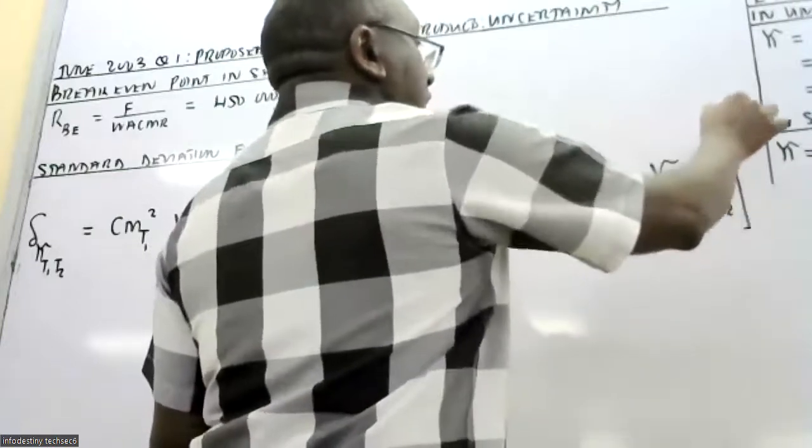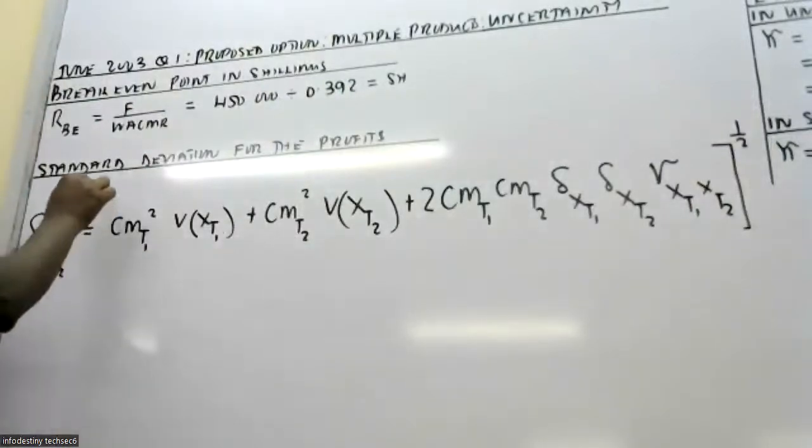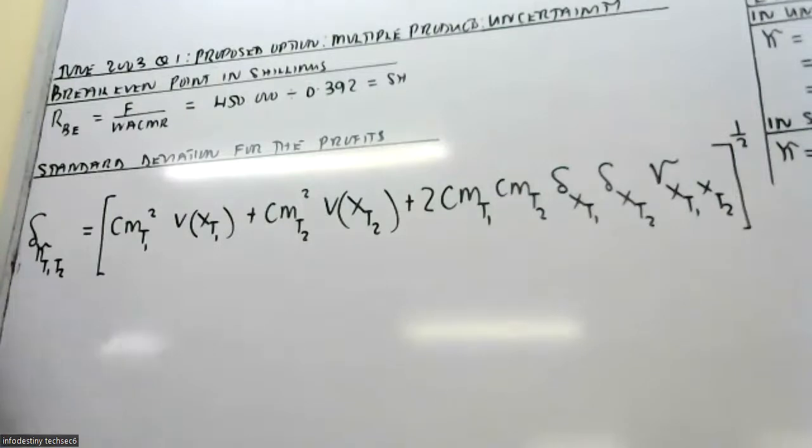Now all these you get the square root, or you raise to power half. That's how we compute the standard deviation for profits when you have two products.